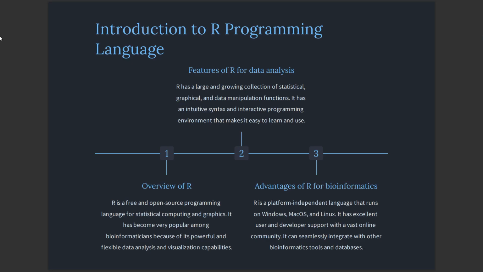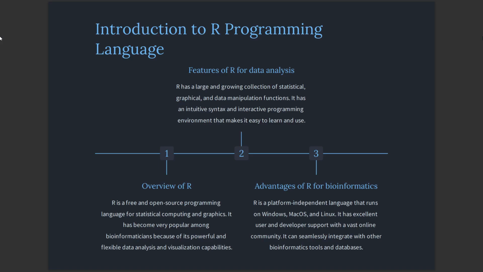Its versatility and flexibility make it an ideal choice for bioinformatics research and analysis. So, what is the main use of R? Basically, R is platform independent and runs on macOS, Linux, and Windows operating systems. It also has excellent user and developer support, and you can use it with its vast online community.